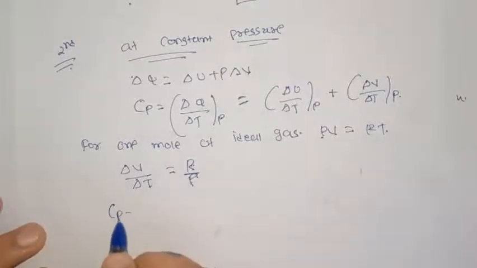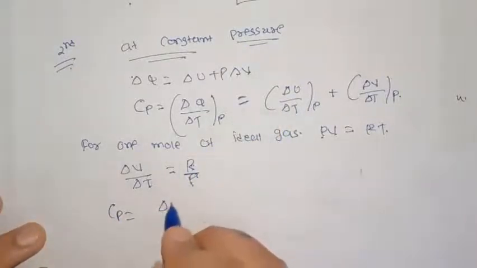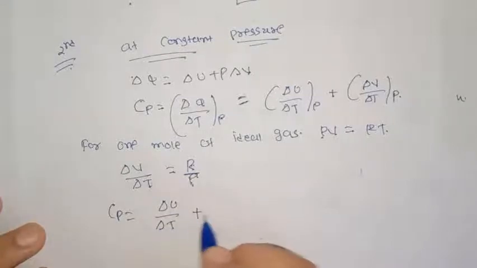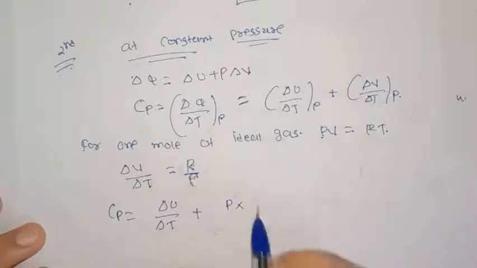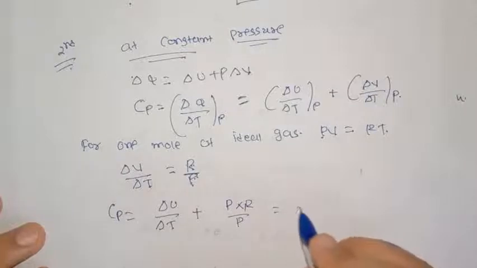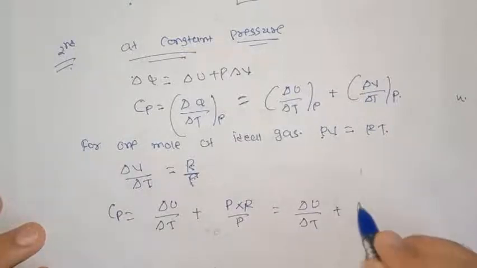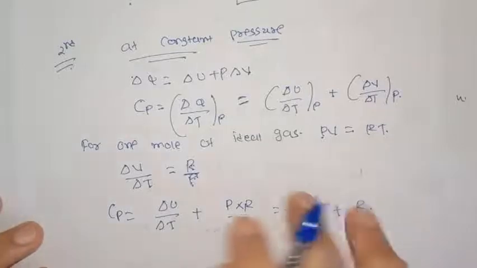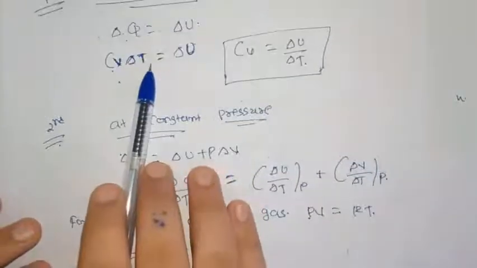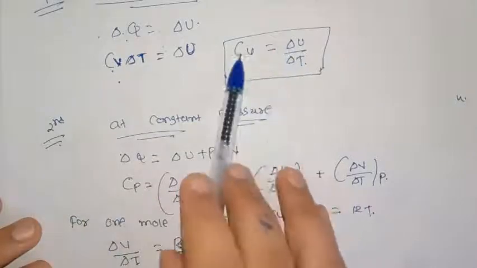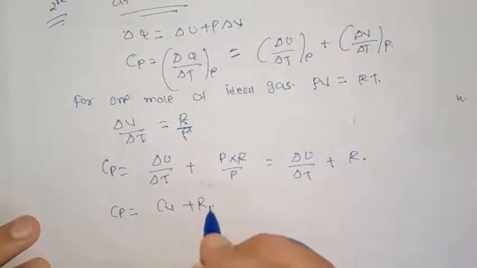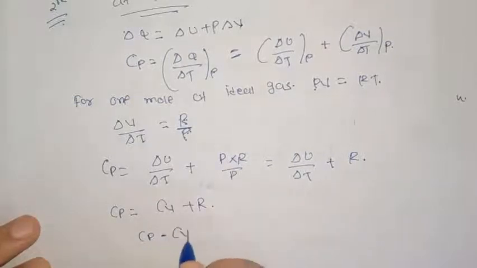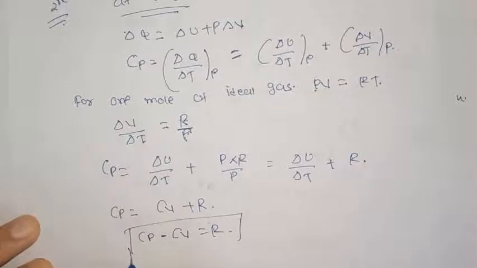So the Cp can be written as delta U upon delta T plus P into delta V by delta T, which can be written as R by P. That will be delta U upon delta T plus R. But from this equation, delta U upon delta T is written as Cv. So we can write Cp is equal to Cv plus R. So Cp minus Cv is equal to R.